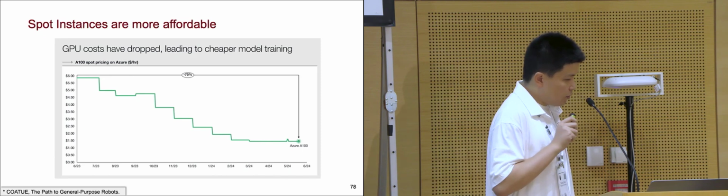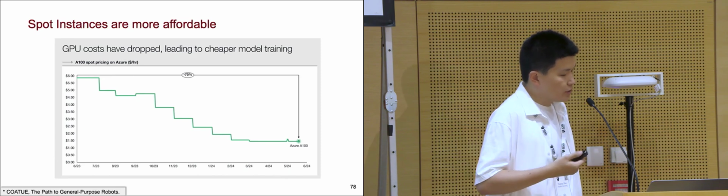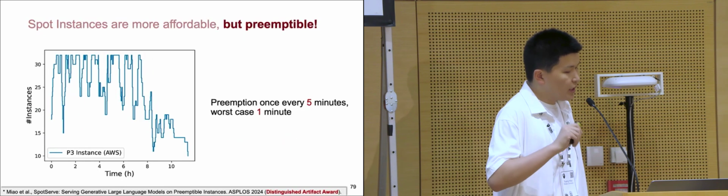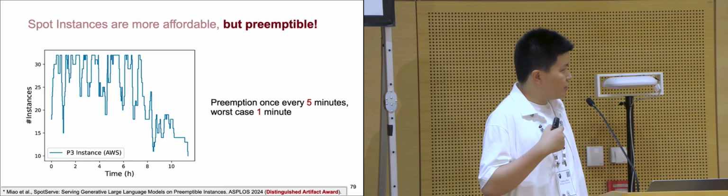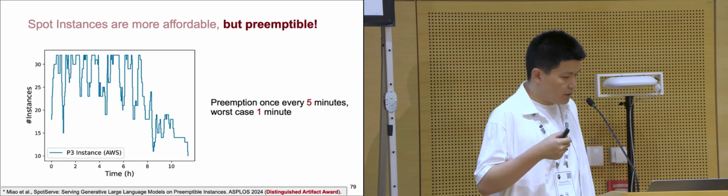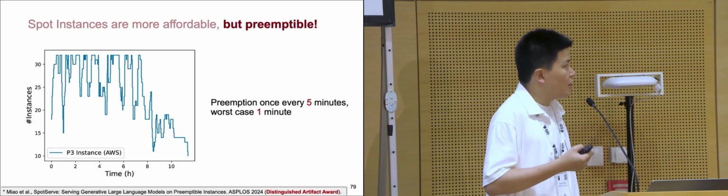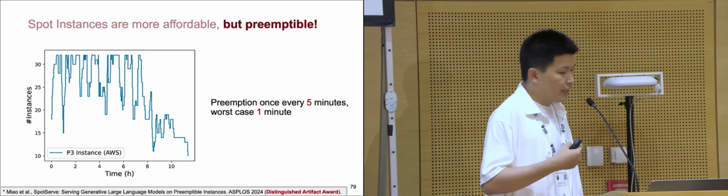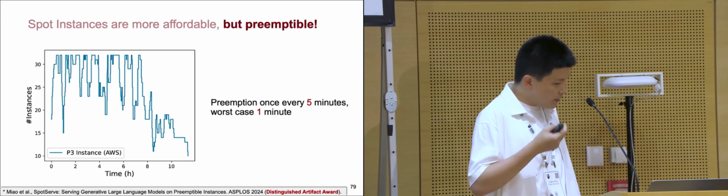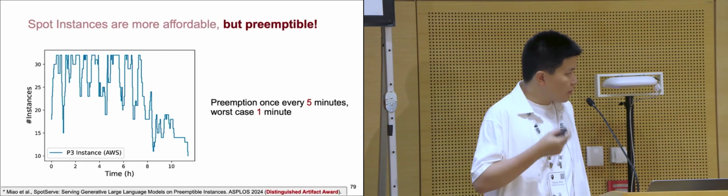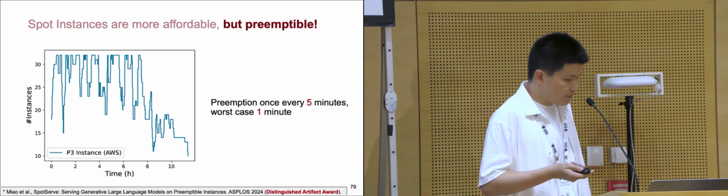Okay, so the first question we want to answer is why language model serving is expensive. If you compare using the public language model service API from ChatGPT with just running the open source models on cloud GPUs, you will find that the costs are actually very similar. So basically, almost all of these costs are coming from the GPU resources.